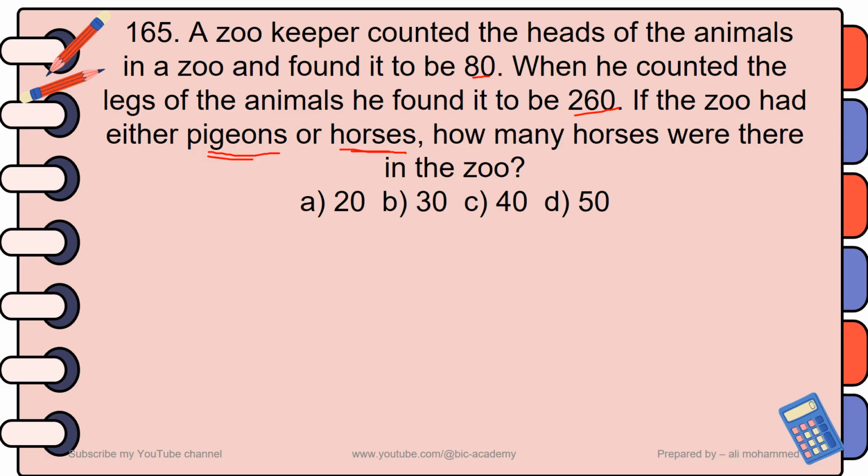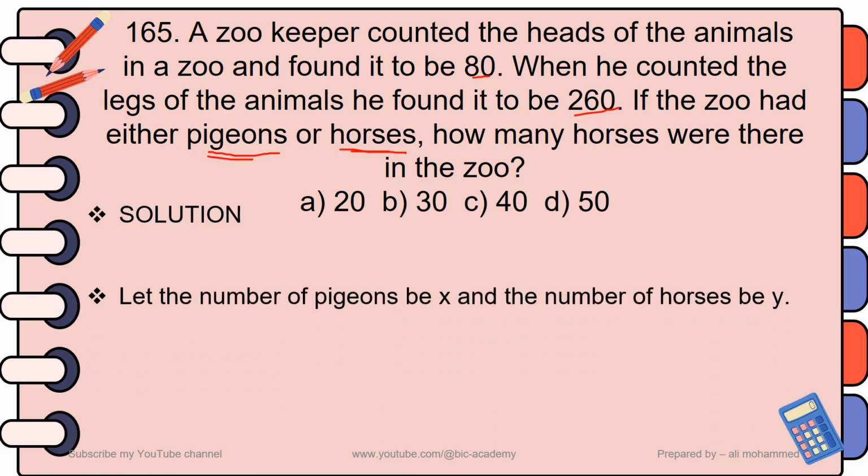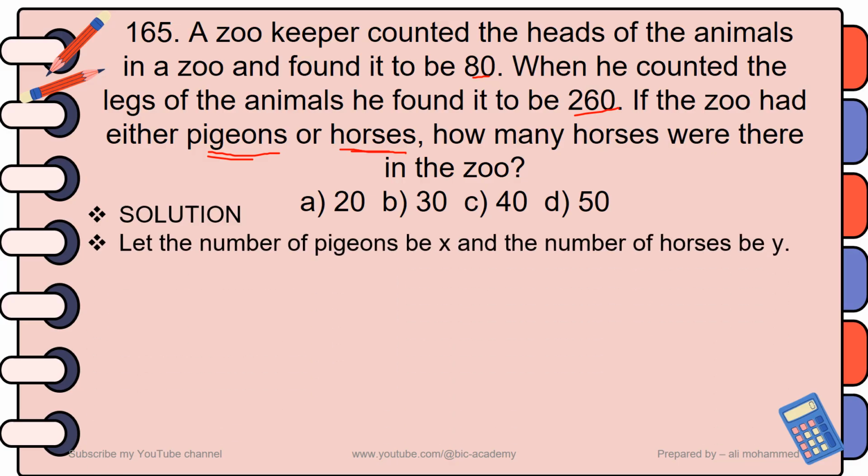First, let us represent the pigeons and the horses by letters X and Y. So let's say the number of pigeons is X and the number of horses is Y. Both the pigeons and the horses have only one head, and the heads of the pigeons and the horses total 80.